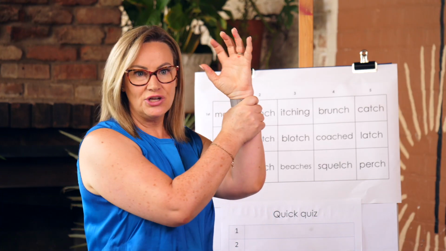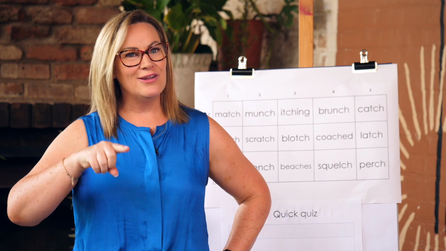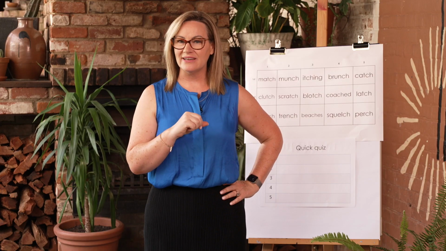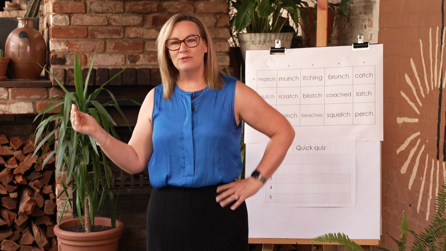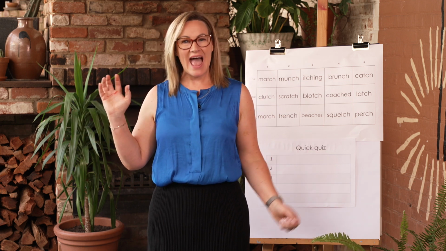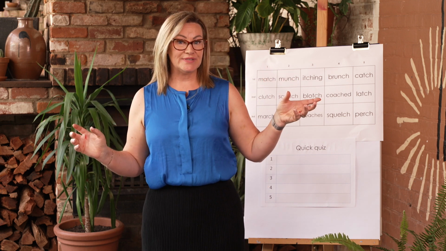So when you clutch onto something, that's a verb. What are you noticing about lots of the ch words in our lists this week? They have multiple meanings and they can act as nouns or verbs.